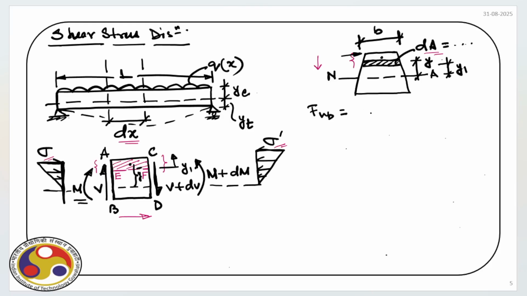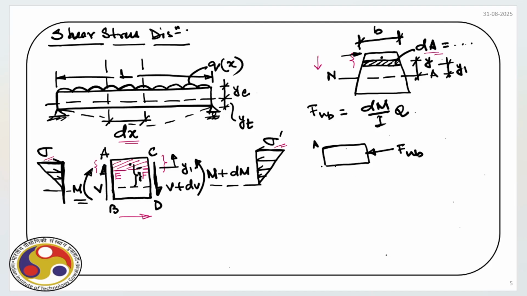And now the unbalanced force is equal to dM by I times Q. Now if I draw the segment with this unbalanced force, which is acting this way, so this is the unbalanced force.